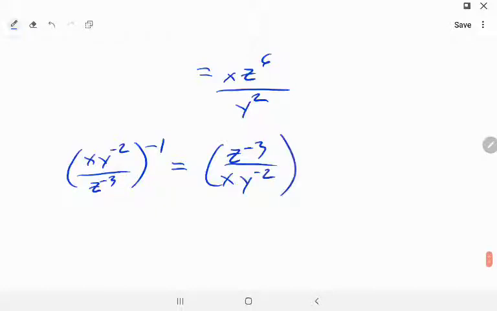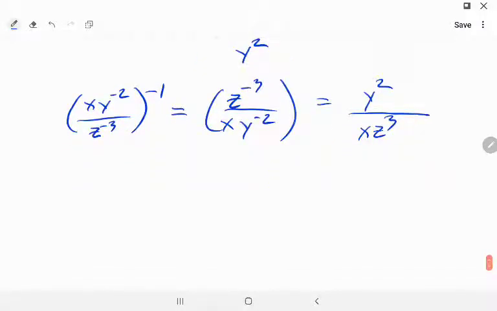We can just flip it, and then simplify it from there. So that would wind up being y squared divided by xz cubed. So we're just noticing z to the negative 3 becomes z to the positive 3 in the denominator, and y to the negative 2 in the denominator becomes y to the positive 2 in the numerator.